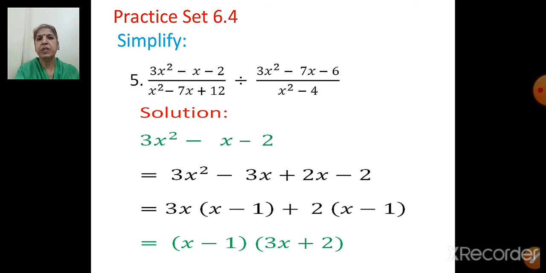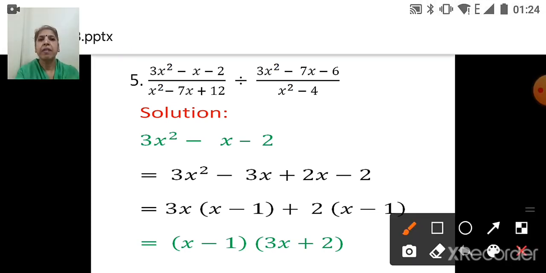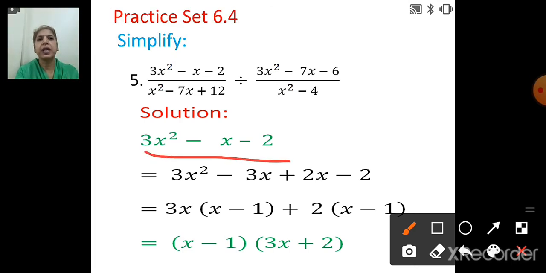So in the first fraction, the numerator 3x square minus x minus 2, maybe you might not be able to solve directly. So such sums you have to solve, children. It is a part of your sum solution. So we will write the numerator of the first fraction, 3x square minus x minus 2. That is a quadratic trinomial.